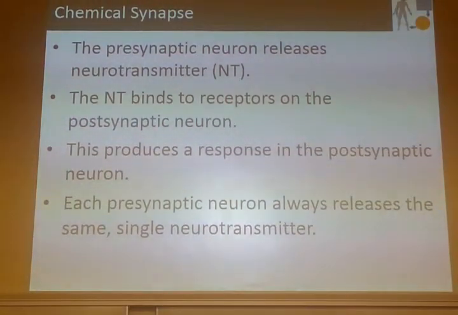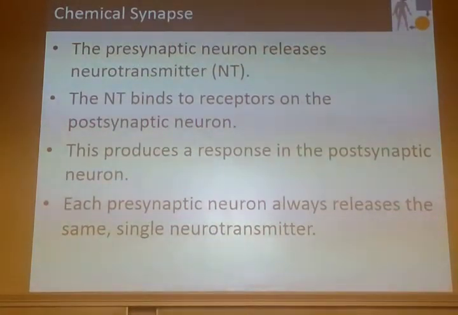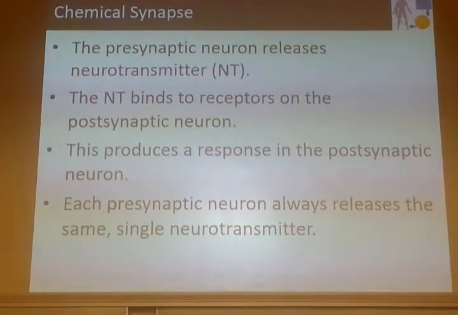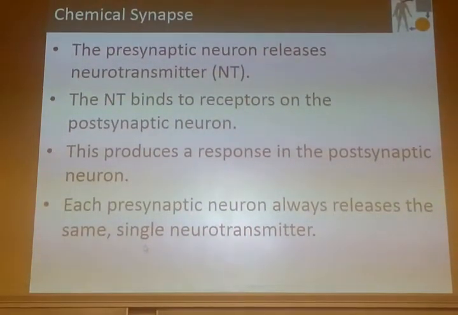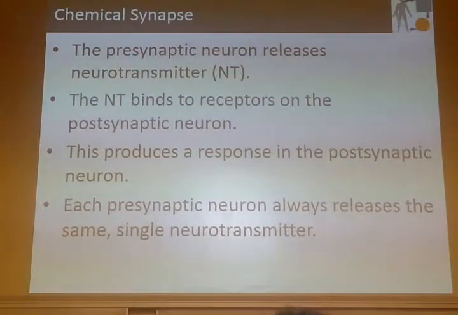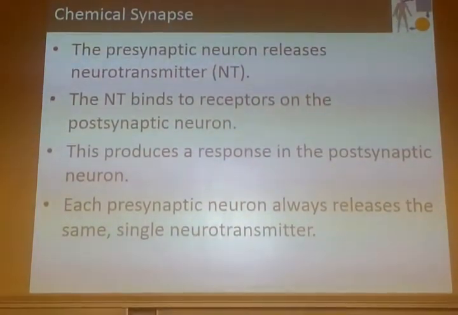And we're going to find out that some of them release polypeptides that are called neuromodulators, and they are coming out of the same presynaptic neuron. So for now, you can think that all neurons release one single neurotransmitter, but be aware of the fact that's not entirely true. Some release more than one.